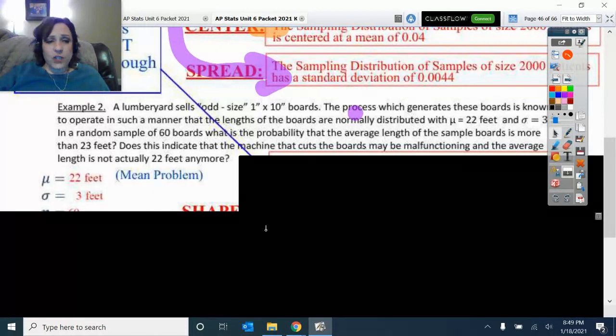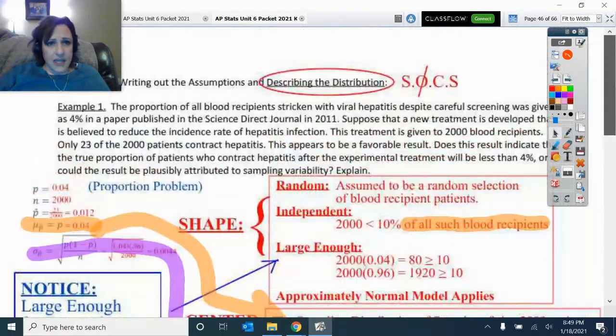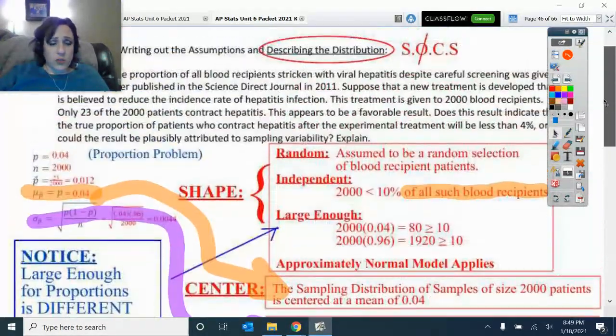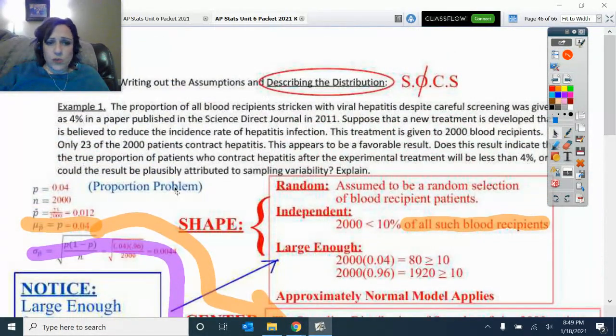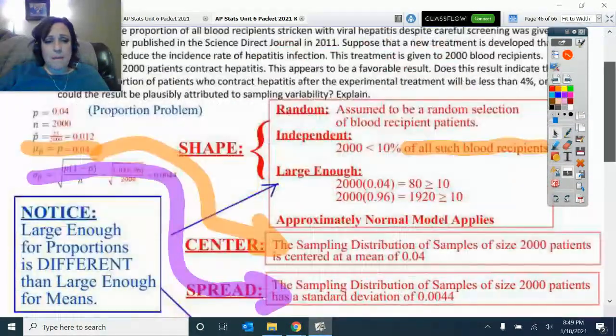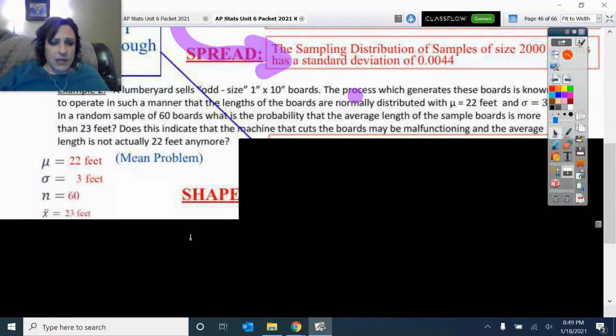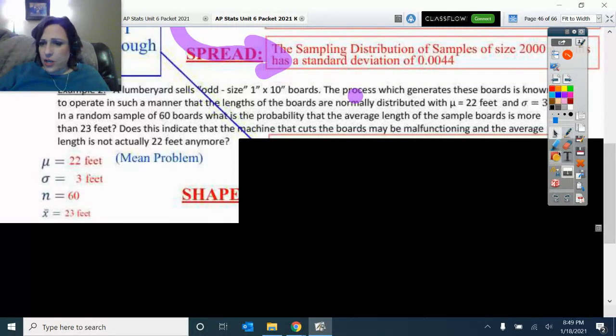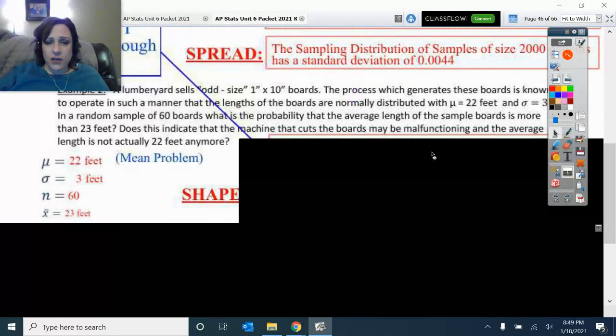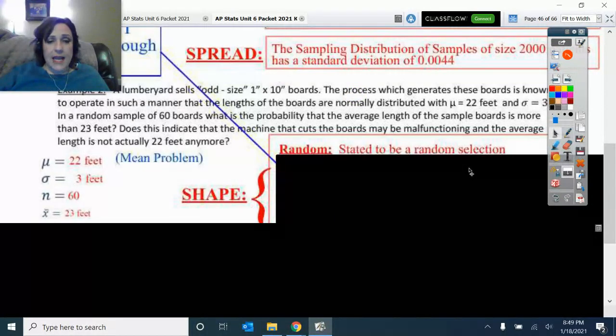So it asks us on the assignment to identify if it's a mean or proportion problem, and this was a proportion problem, and this second one's a mean problem. And then identify SOCS or describe the distribution. That's going to be my SOCS, and I don't have outliers to note. So shape is going to be my random, independent, and large enough.